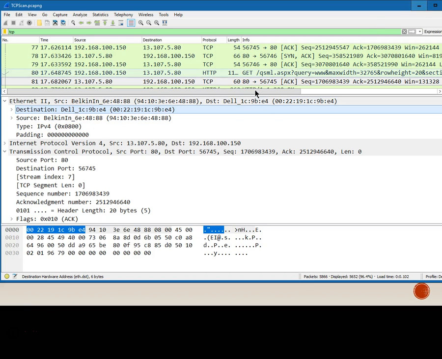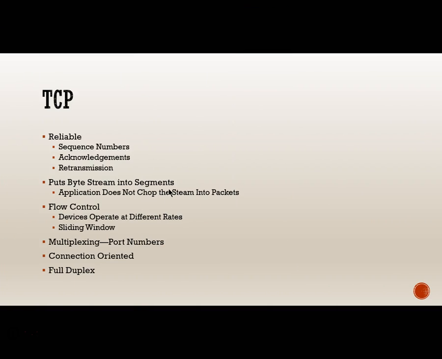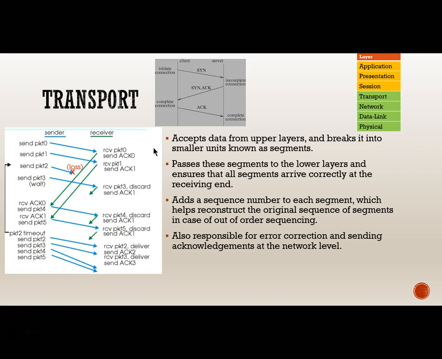You can look all those up if you want, but that's what a TCP packet looks like. So multiplexing, connection oriented, full duplex, reliable. Reliable because we have the sequence numbers, the acknowledgments, and then retransmission of any data that wasn't received.